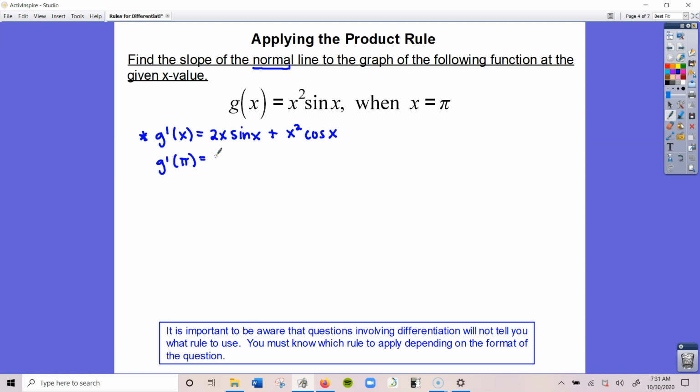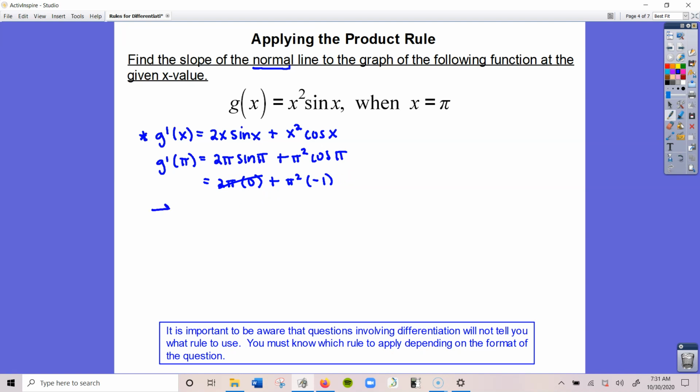When we plug in pi, we get 2 pi times sine of pi plus pi squared times cosine pi. Now the sine of pi is 0, plus pi squared, and the cosine of pi is -1. So this is just 0.